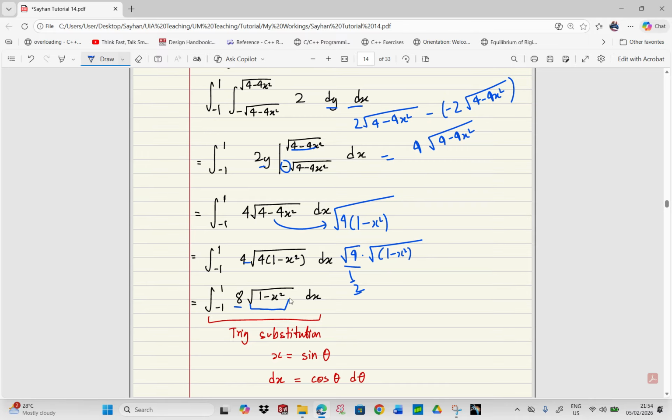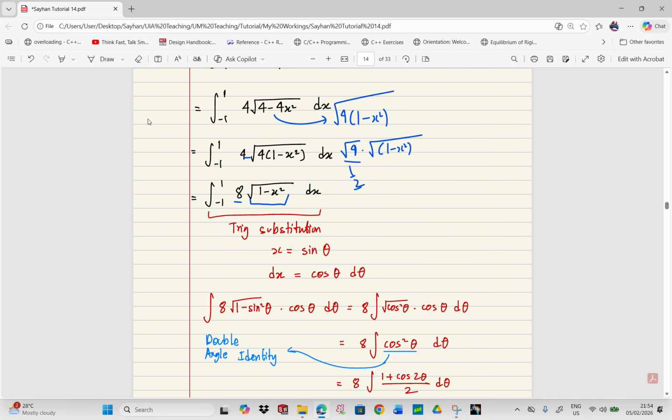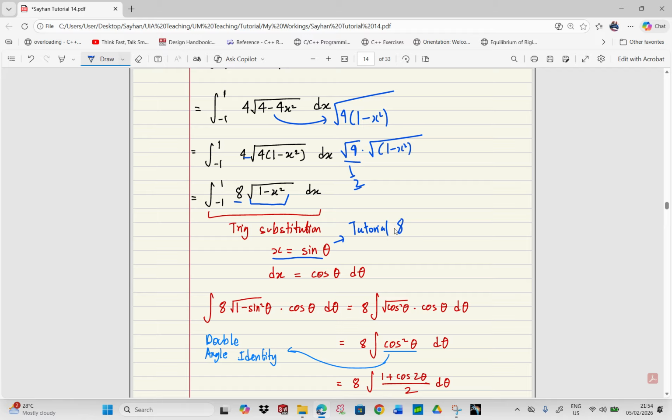And then you have this part which you can use trigonometric substitution on, where I chose my x to be sine theta. This one you can refer to tutorial 8. So your dx is just cosine theta d theta.